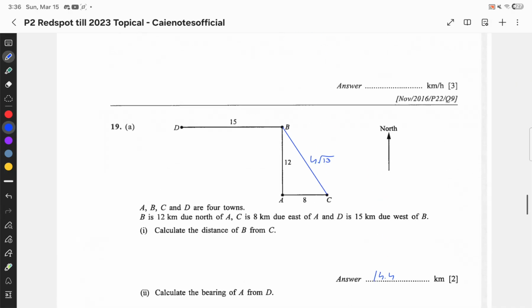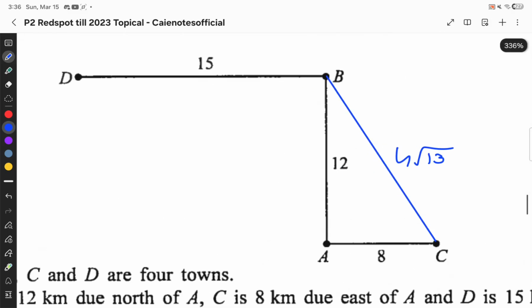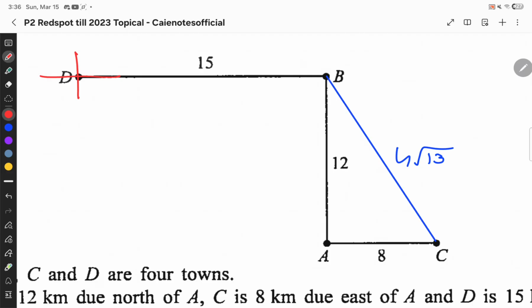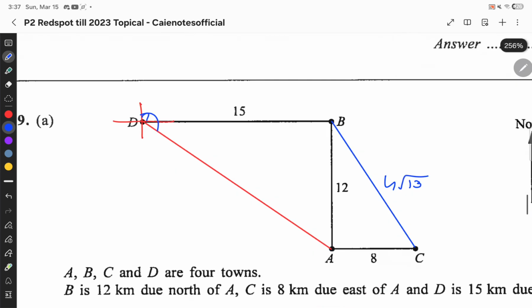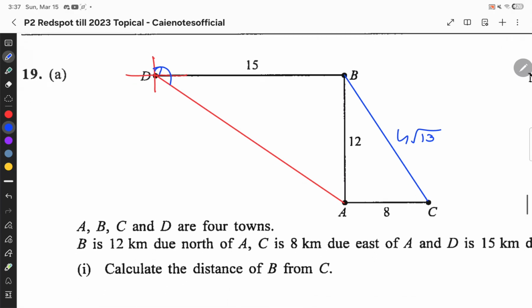Calculate the bearing of A from D. So we stand at D, we make our plus sign, and we mark this out. Now this 90 is complete, and we need to find this remaining angle. How do you do that? You use tangent.